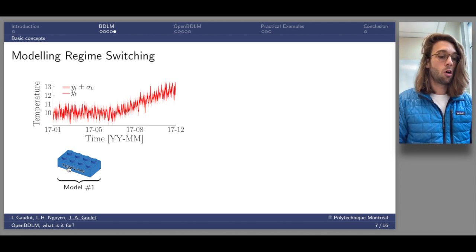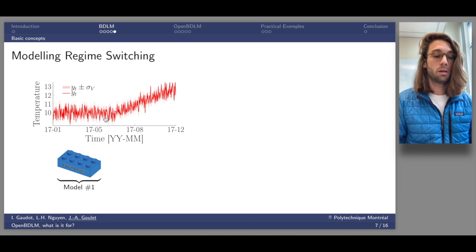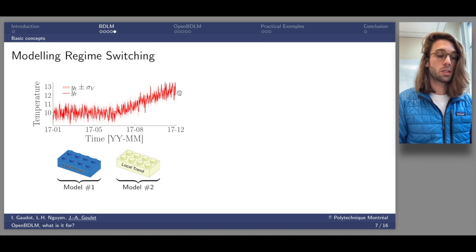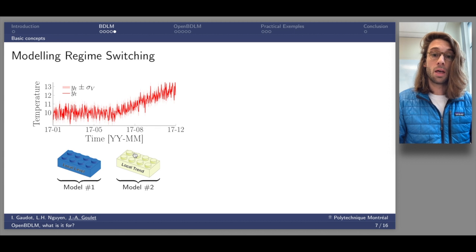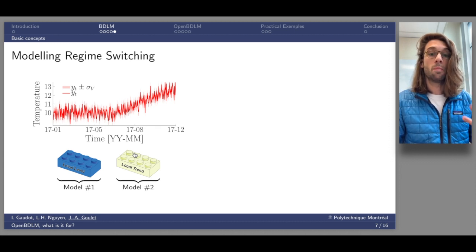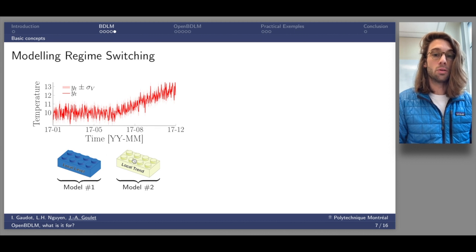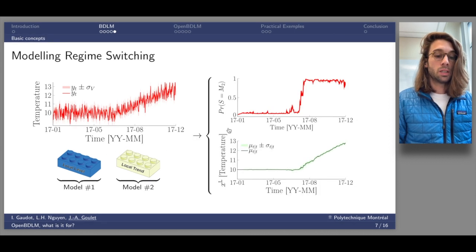For instance, here we have the first model, which is the local level, representing the constant part here. We have a second model that represents the constant speed here. And for every time step, I want the system to automatically estimate the probability of either model. So this is what we're doing here.